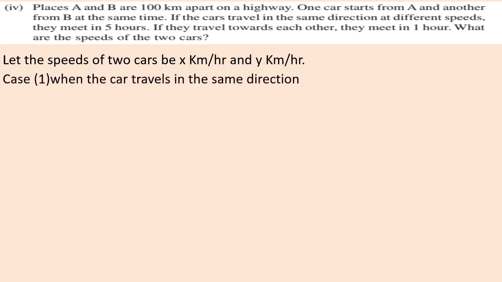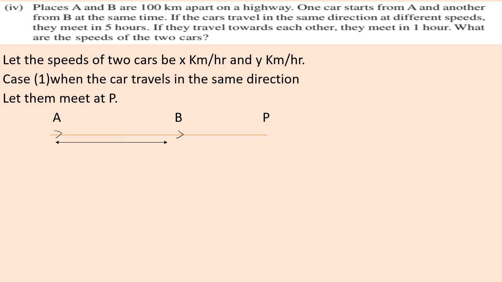Now, in the first case, the cars travel in the same direction, and let them meet at the point P. You can represent it by a figure: the cars start from the points A and B, moving in the same direction, and both have to reach P. The distance between the places is 100 km.